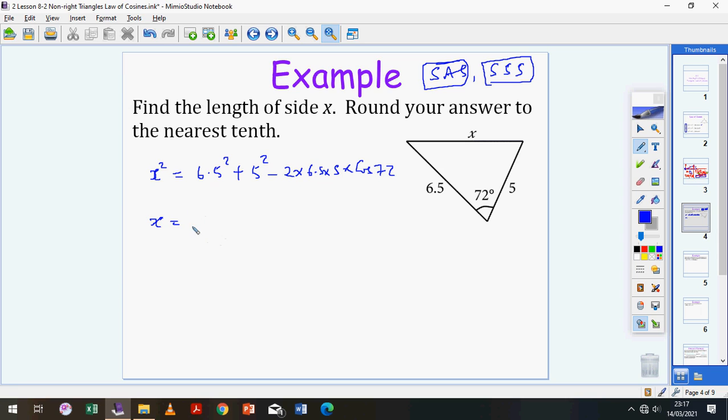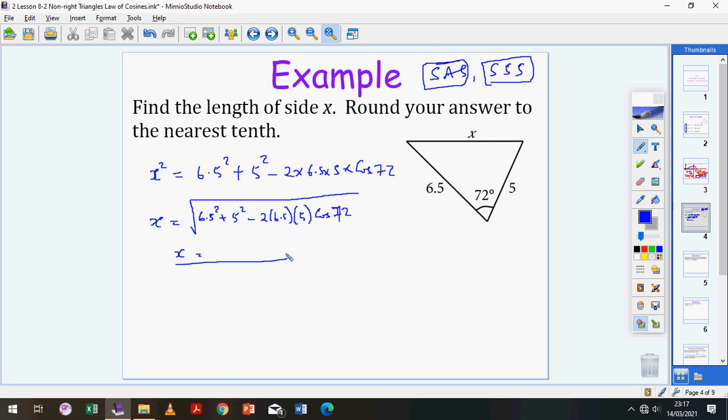So my final answer is going to be the square root of 6.5 squared plus 5 squared minus 2 times 6.5 times 5 times cosine of 72. That's going to be my final answer, and I need to write all of this the way it is in a calculator. The cool thing about calculators is that you can just write all of this the way it is.